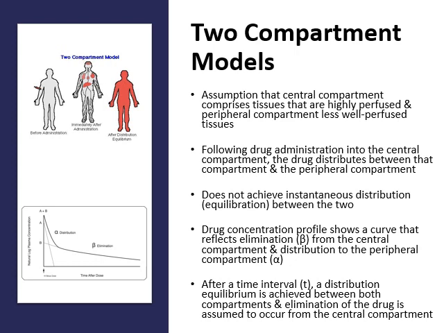So your profile shows that elimination and distribution to the peripheral compartment. After that time interval T, a distribution equilibrium is achieved between both. So then the entire human body, after distribution and equilibration, becomes red. And that is assumed to occur all coming from the central compartment. So that is the 2-compartment model of pharmacokinetics.